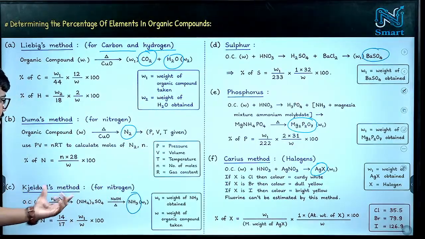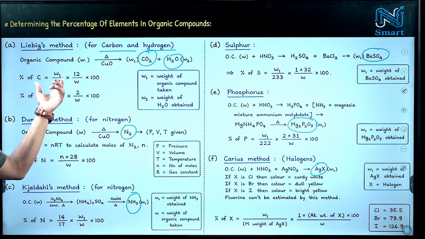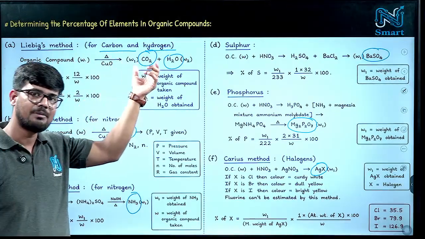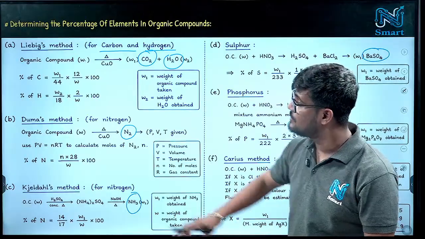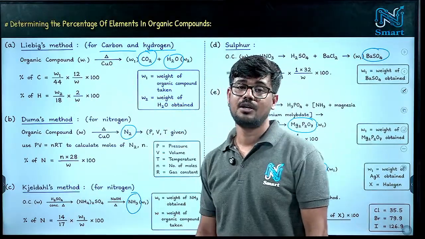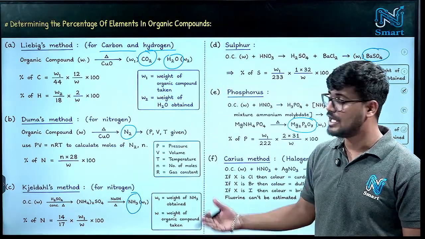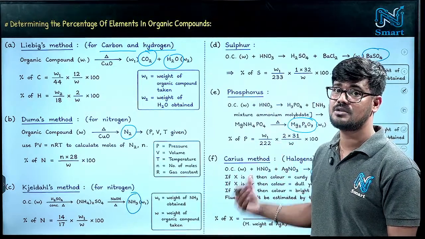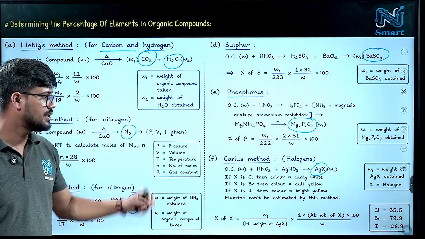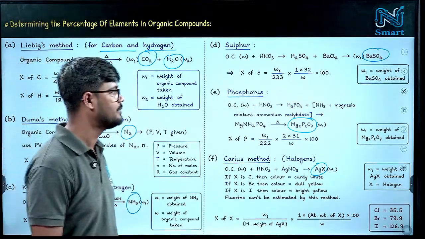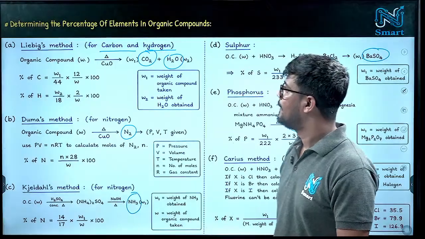So like that. Kjeldahl's ammonia, Dumas N2. Then Liebig's method for carbon CO2, for hydrogen H2O. So end product they can ask, or they can ask direct calculation, percentage of carbon or hydrogen, nitrogen, sulfur, phosphorus, or halide. They can frame question based on this also. Just revise these formulas, right?